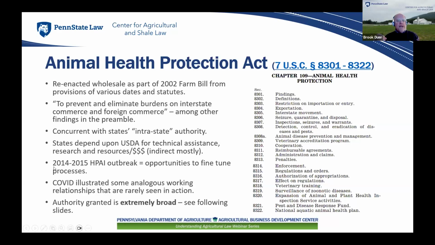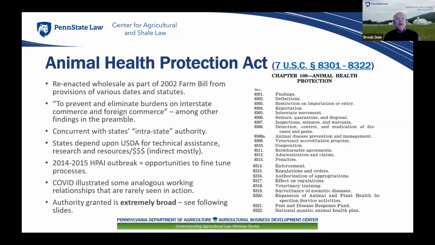One of the things that has really brought a lot of these issues to the top of the pile, so to speak, and made them more visible, is that going back to 2014-15, I think it started a little bit in 2014, and then through 2015, there was a high path avian influenza outbreak in Iowa, Minnesota, and South Dakota, I think. I think Wisconsin had some cases too, and it was primarily turkeys when it was all said and done.